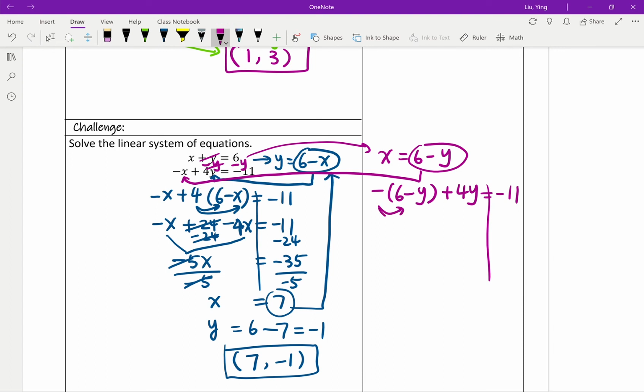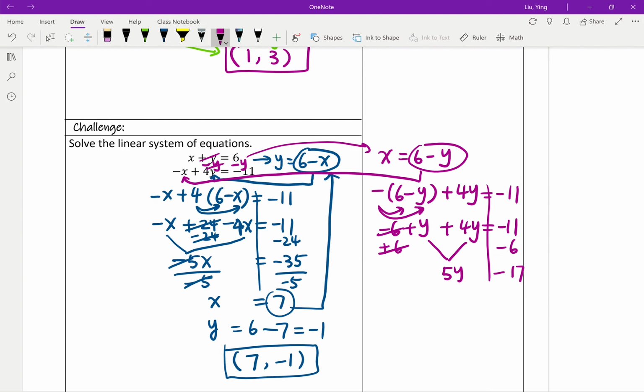So do distribution, negative 6 plus y, and then plus 4y equals negative 11. Combine like terms, and then that would be 5y. Rearrange the constant, that's negative 17.